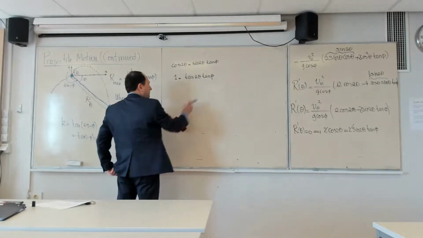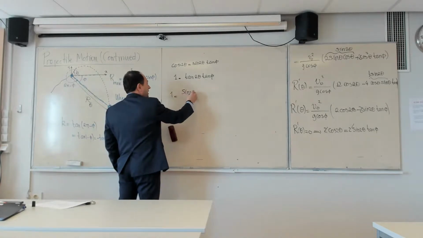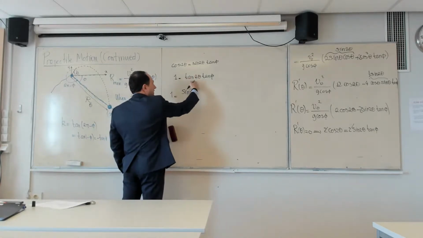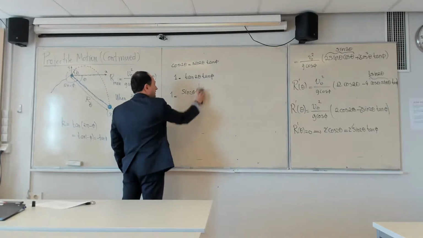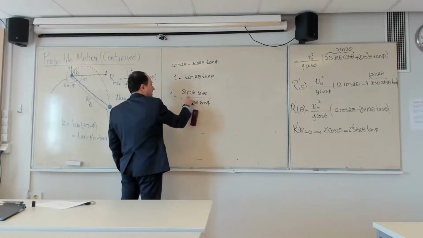But if I want to solve it at the level that you have seen, I would write it in terms of sine and cosine. In principle, I don't divide and write it in this form. I would write it in this form. Do you agree? Instead of tangent, I write sine over cosine.